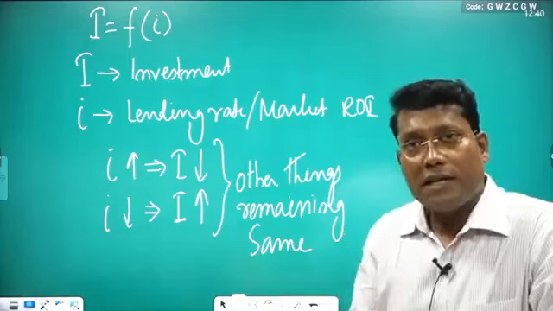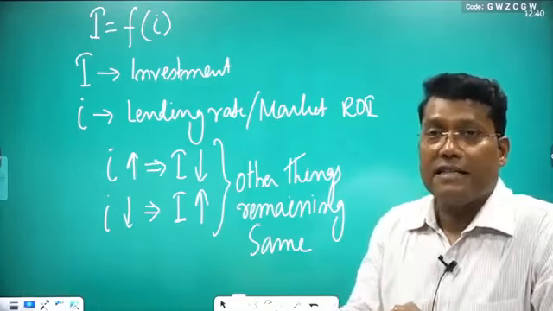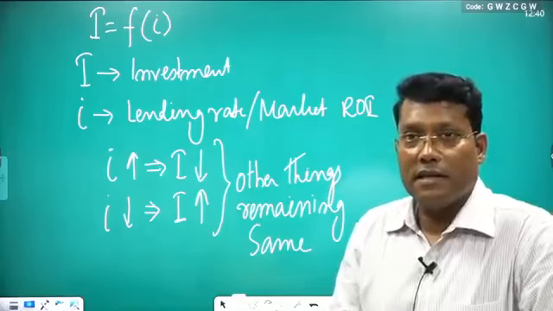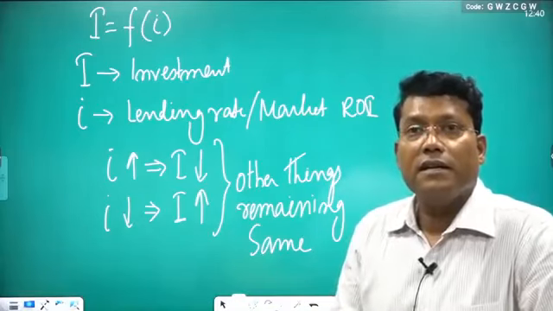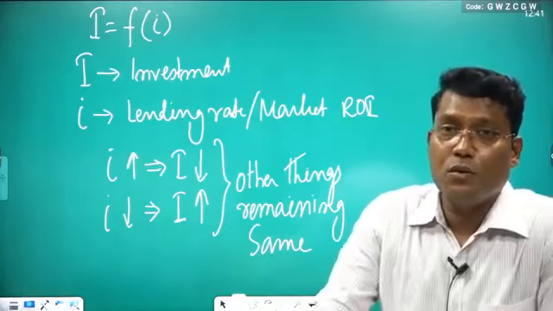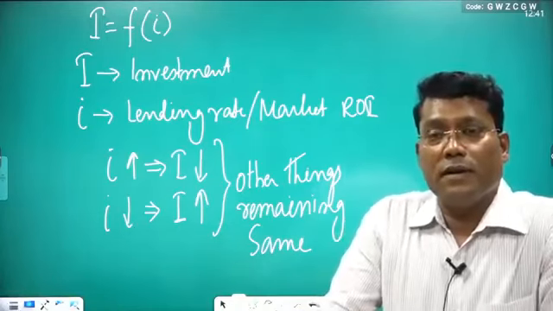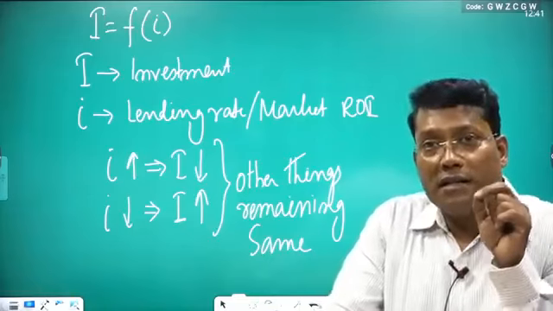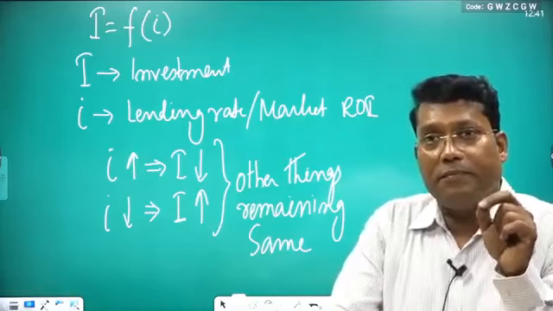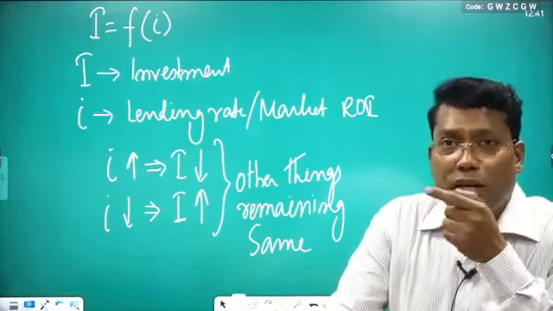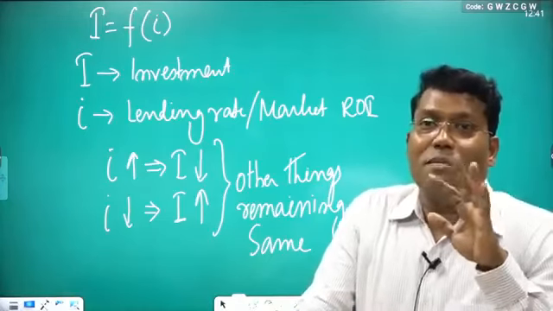If the market rate of interest decreases, then investment will go up, comma, when other things remaining same. Other things remaining same means you are only allowing one variable, the market rate of interest, to change.